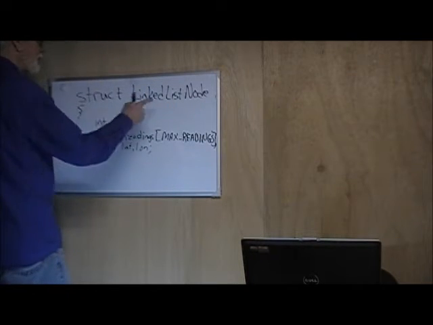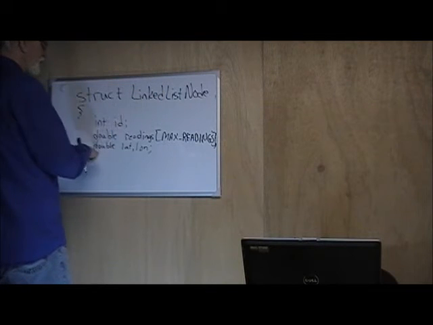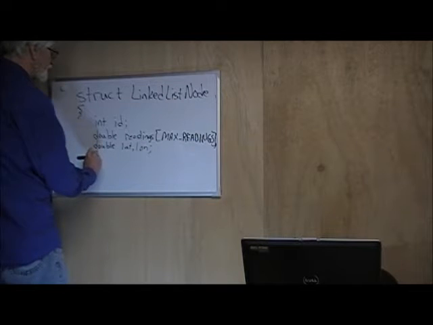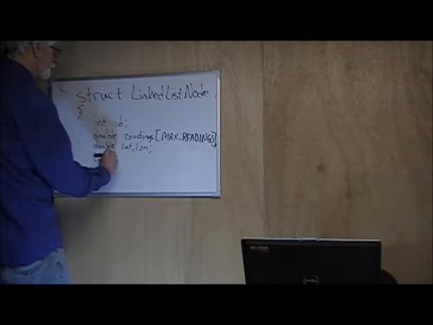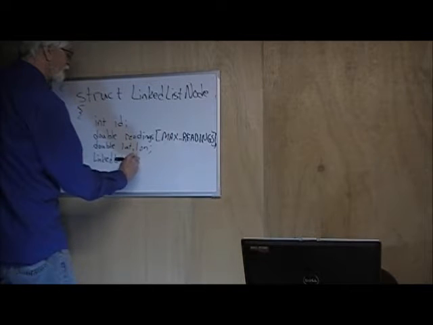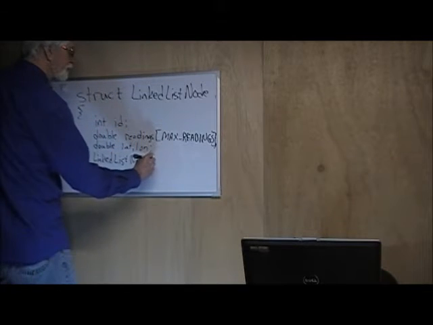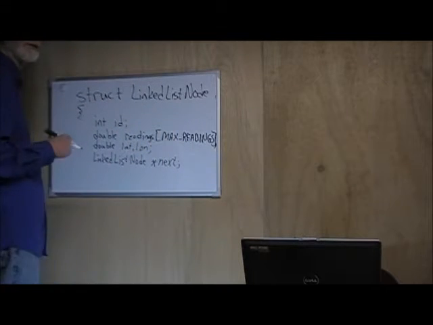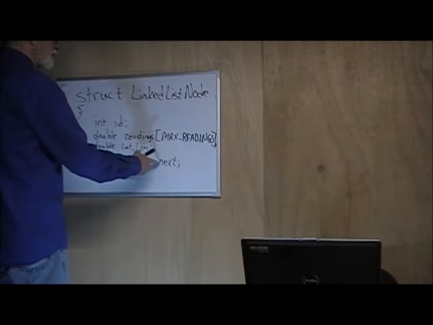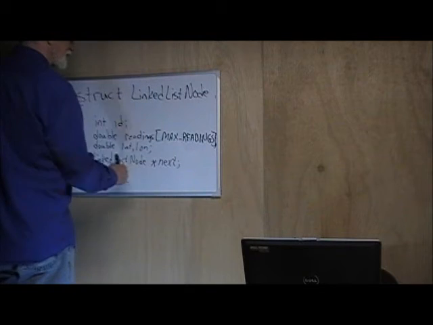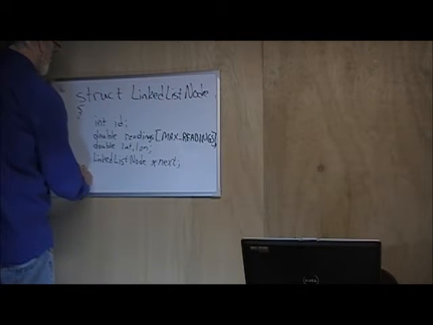I can already use this as a type right here, inside of the same struct that I'm defining, even though I haven't completely defined it yet. The only way that you want to use this inside of itself is as a pointer. So we're going to do star next. That's a pointer to the next node. It's just an address. Its type is one of these containers, and it's going to store the address of the next one in line. And then we shut that off.